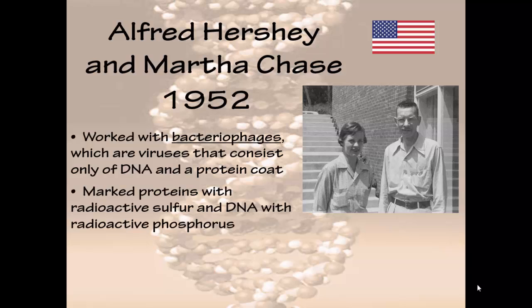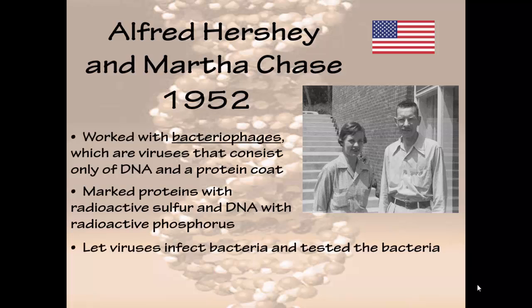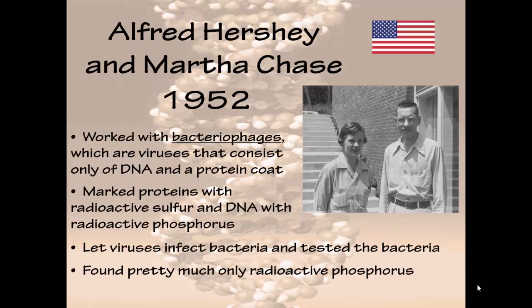They marked the proteins with radioactive sulfur, and they marked the DNA with radioactive phosphorus. Radioactive sulfur and radioactive phosphorus glow in different colors. They let the bacteriophages infect the bacteria, and then they tested the bacteria.